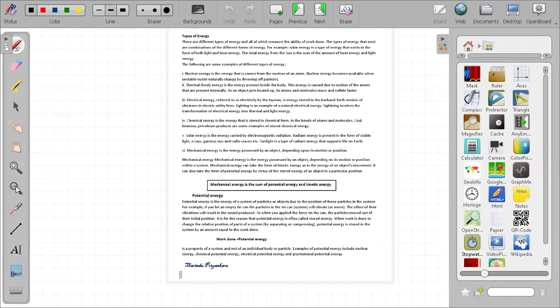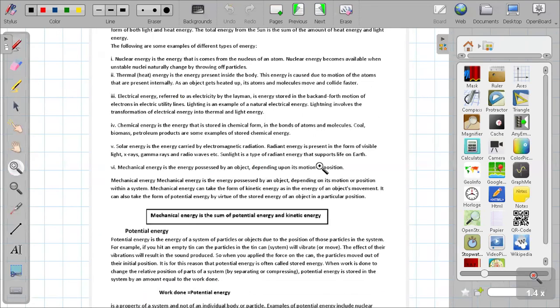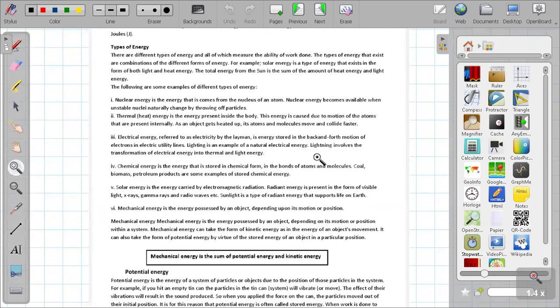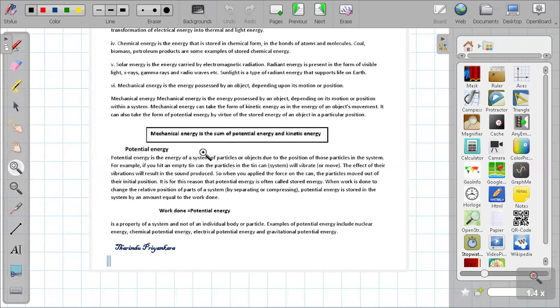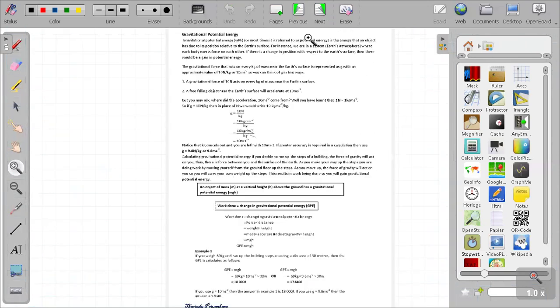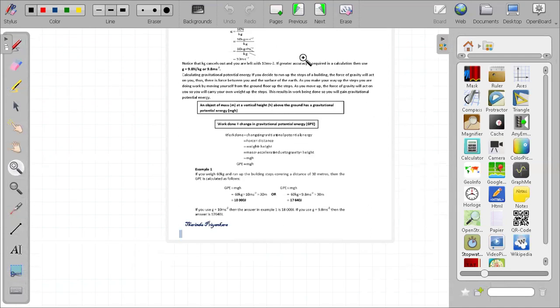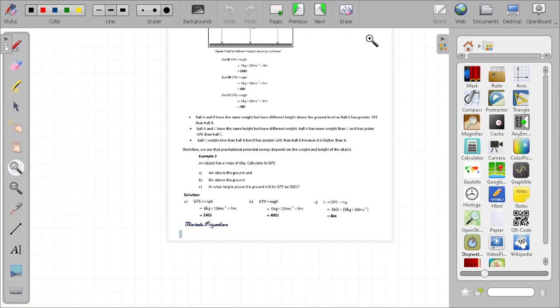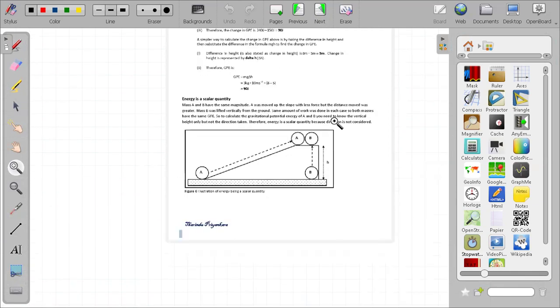So there is a very big theory section here. You may read these things at home very carefully and learn how the types of energy change. These things are very simple and you can easily understand. Gravitational potential energy, with units, and how it changes, with a few examples. Read these examples thoroughly and try to draw these diagrams in your books.